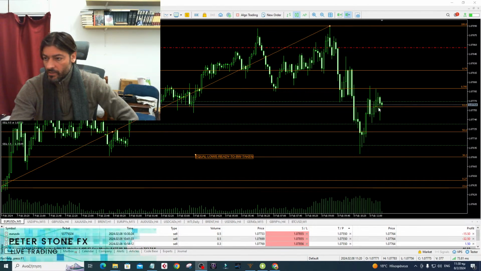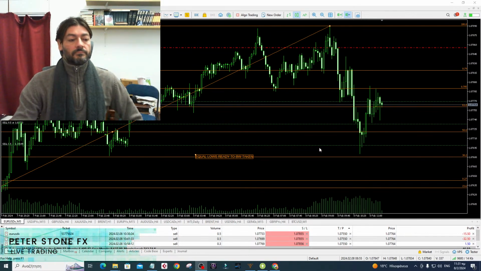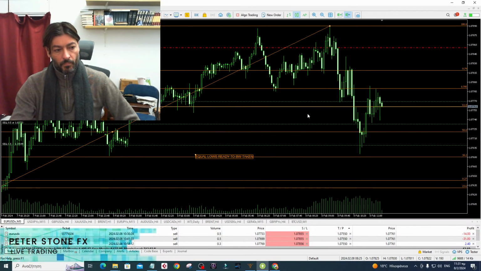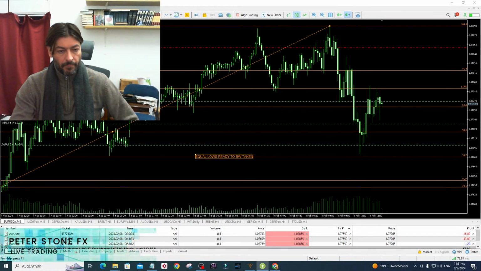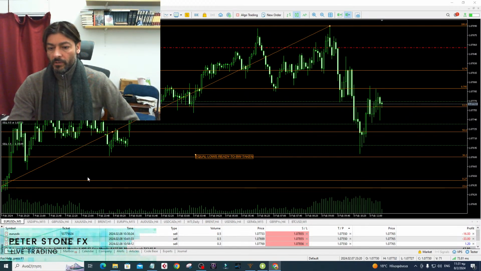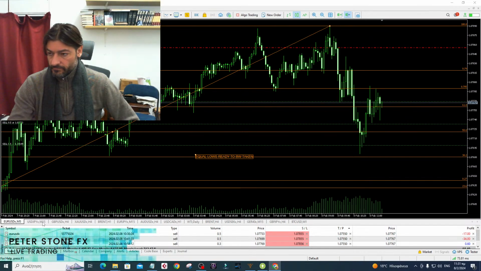This candle here shows that there are buyers here. Let's see some other currencies.